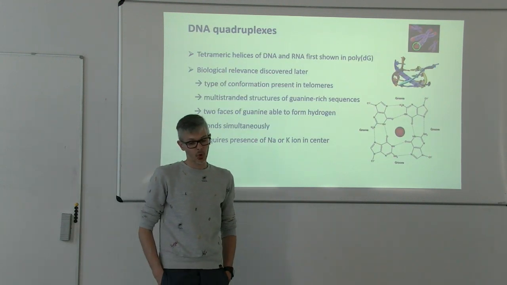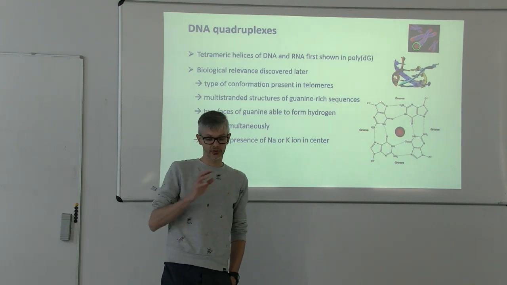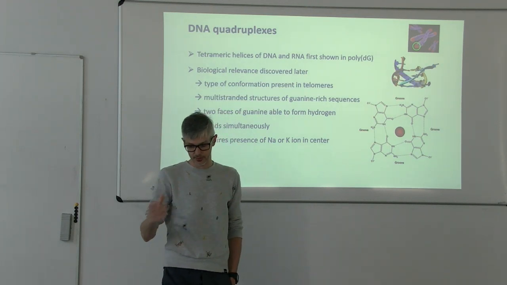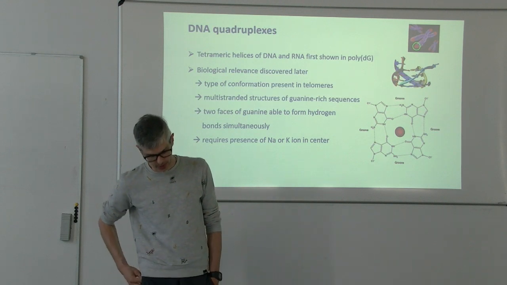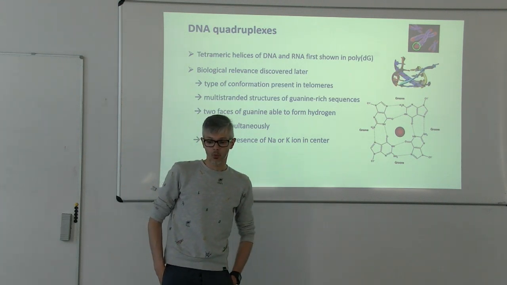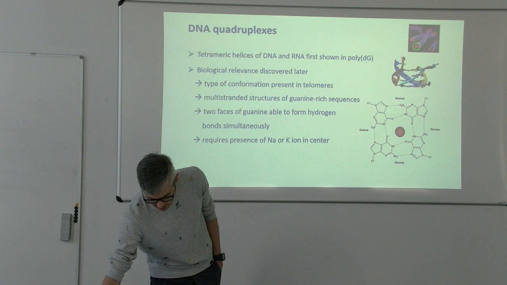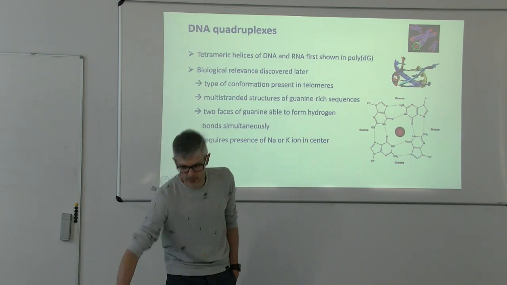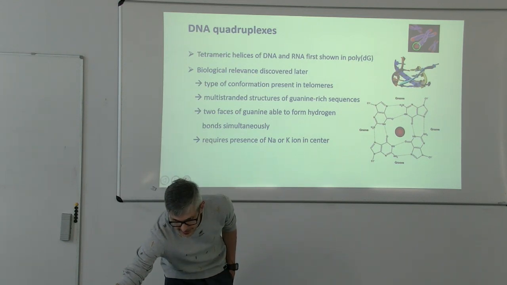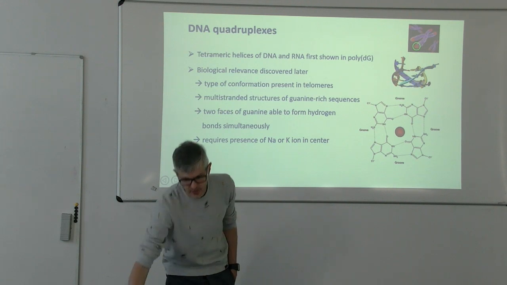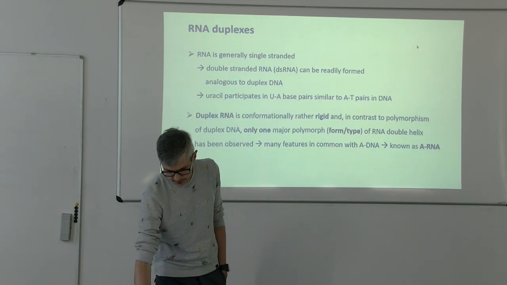And then you can have also quadruplexes. So I already told you the double helix, of course. Then you have triple ones that you can have, but you can also have quadruplexes. Where do you find that? Typically here. So any idea what this is or why that could be important?